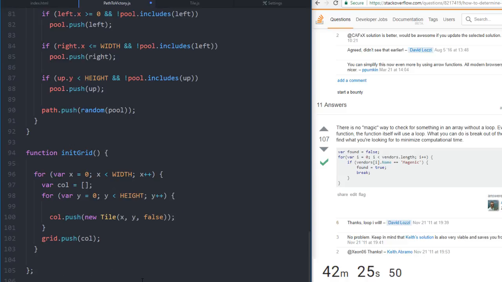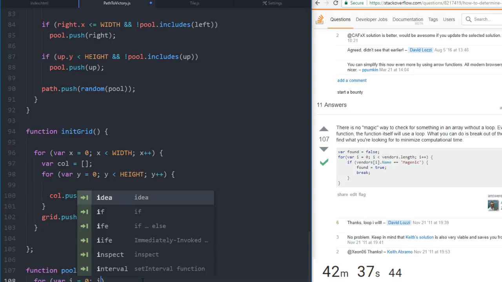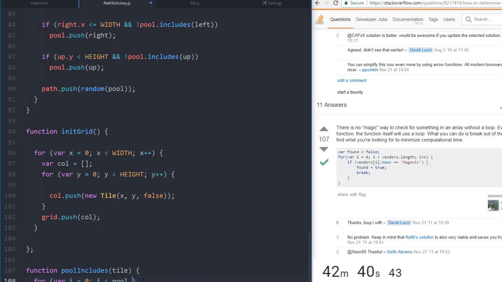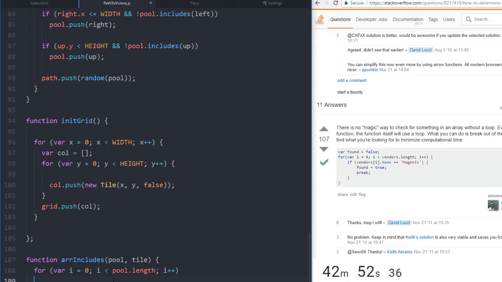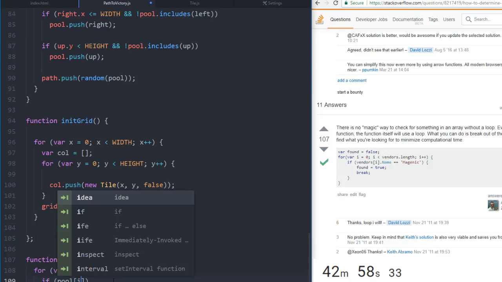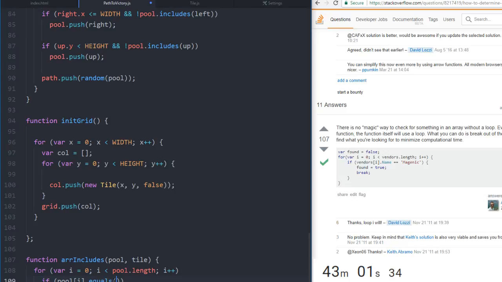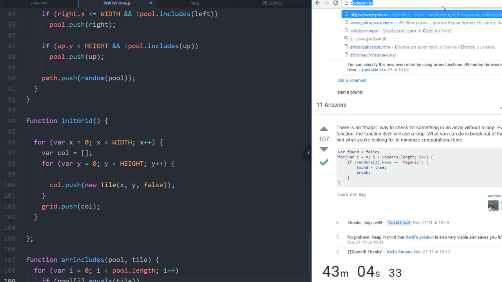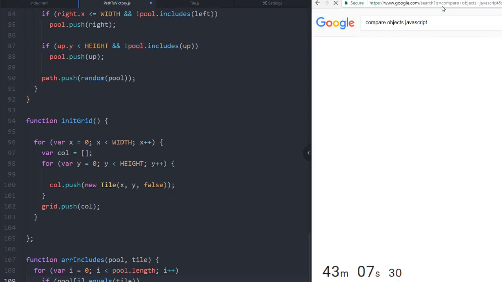Function pool includes tile. For var i equals 0, i is less than pool dot length, i plus plus. If pool of i dot equals tile. Here, compare objects JavaScript.